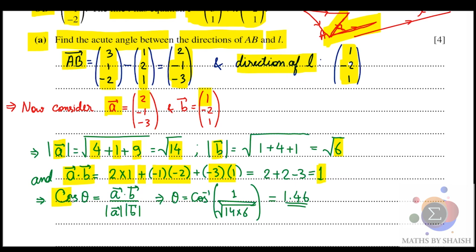And finally we have the formula cos theta equals A dot B over magnitude of A times magnitude of B. So theta becomes cos inverse of this whole thing. A dot B was 1, and the magnitude of A times the magnitude of B was root 14 times root 6, that is 1.46 from the calculator, and that is in radians. So the acute angle between AB and L is 1.46 to 3 decimal places.